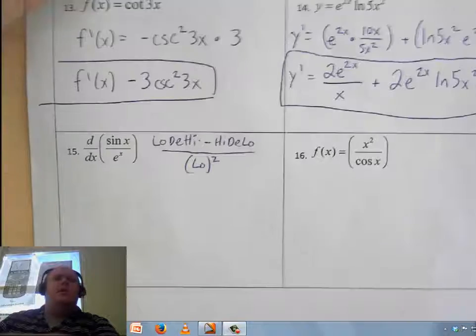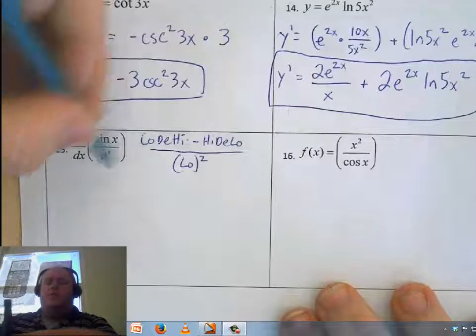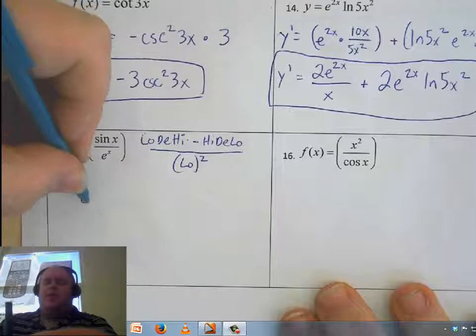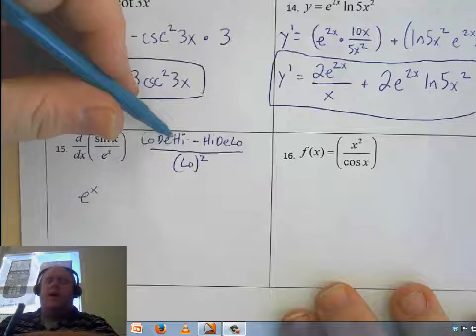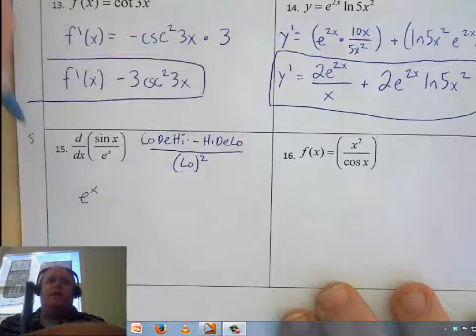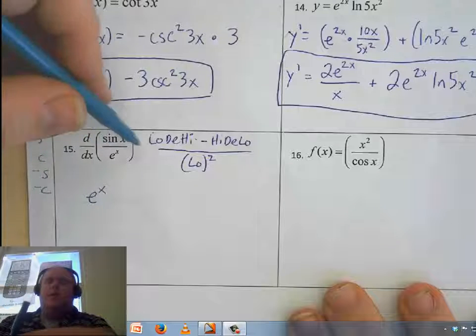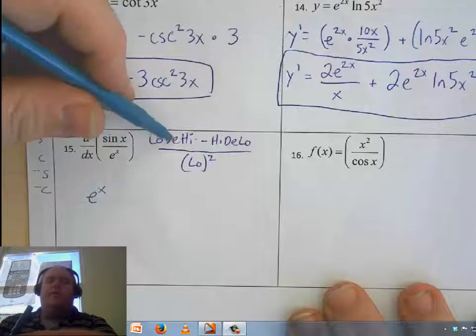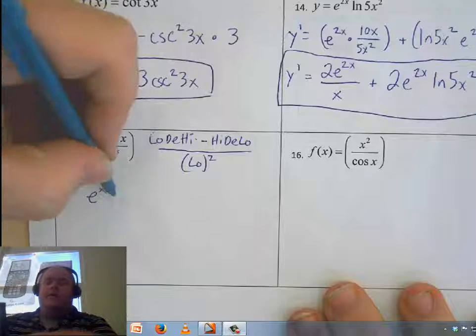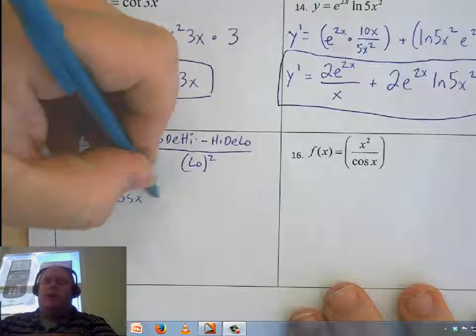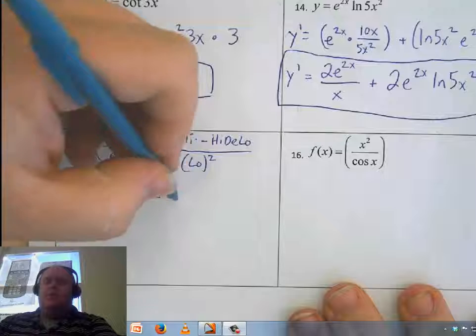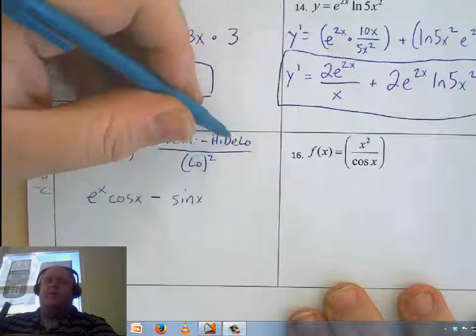If I use it on this one, we're going to take the low function, which is e to the x. Remember it goes sine, cosine, negative cosine. So low, e to the x, derivative of the high is cosine of x, minus the high function, which is sine of x, derivative of the low.